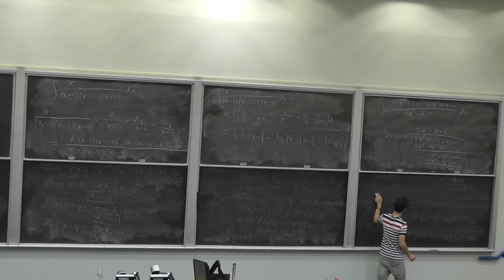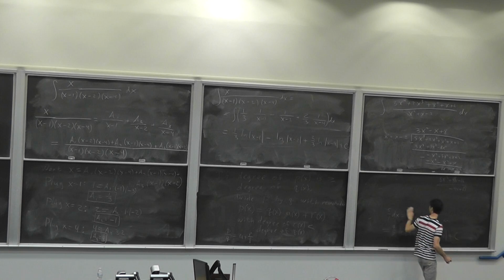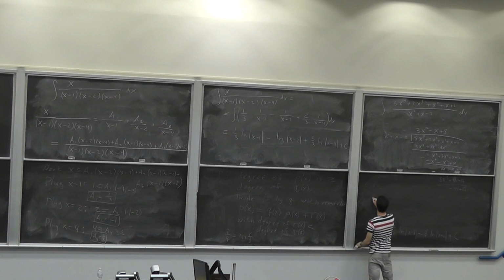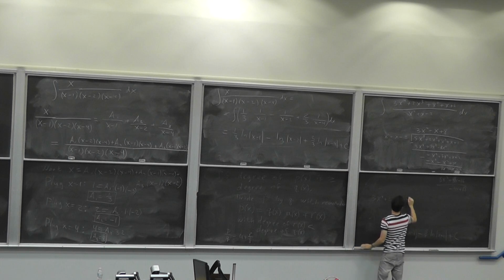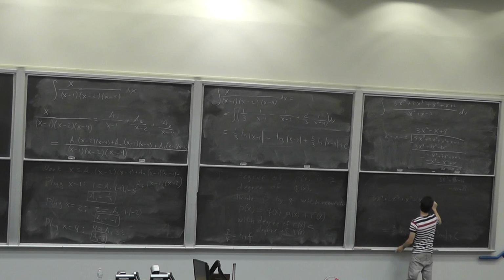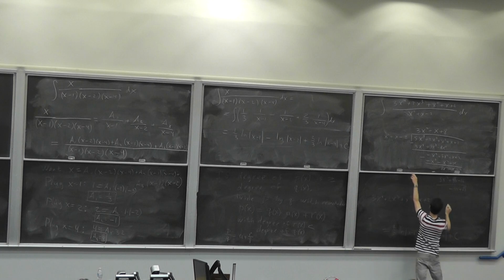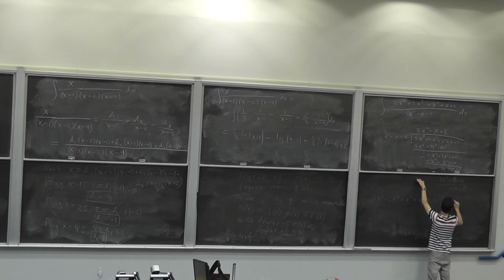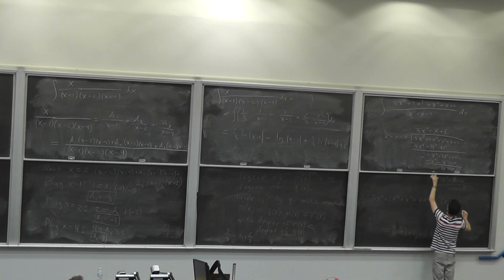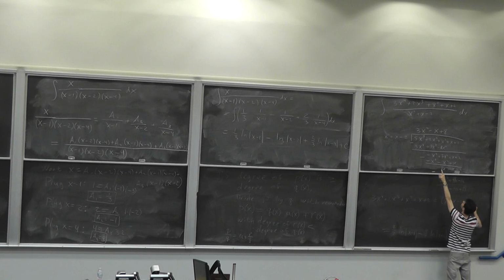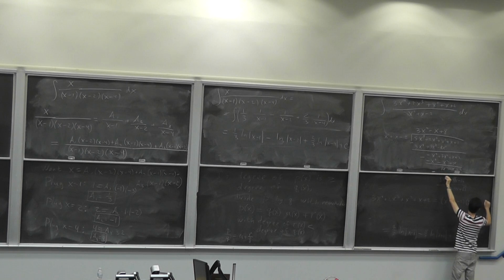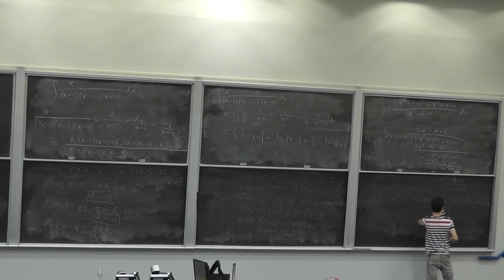So overall, I have found this fact. My polynomial in the numerator is in fact x squared plus x minus 2 times that polynomial, 3x squared minus x plus 8. But not quite.